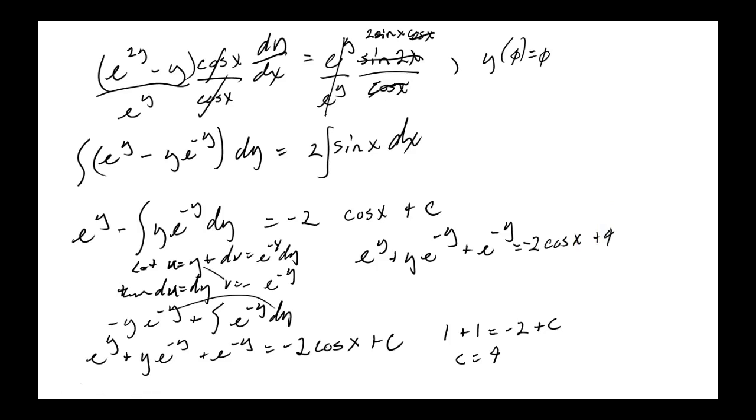Let's see what they got. E to the y plus y e to the minus y plus e to the minus y is equal to, and then they reverse the order and said 4 minus 2 cosine x. Exactly.